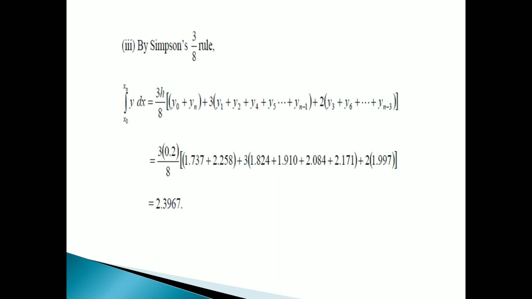Substitute all the values of y0, y1, y2, y3, y4 up to yn from the constructed table, and the value of h is 0.2. After substituting the required values of y in this formula, we get the value of the integral using Simpson's 3/8 rule, that is 2.3976.